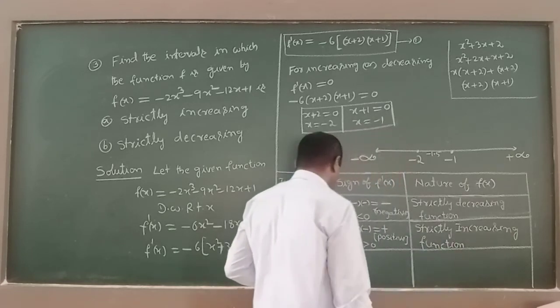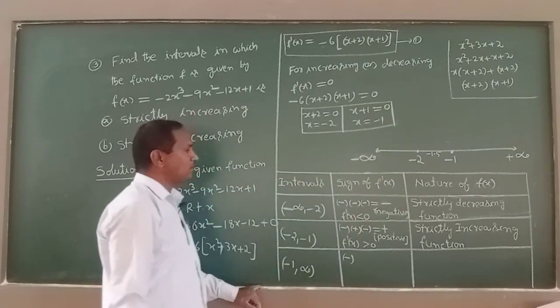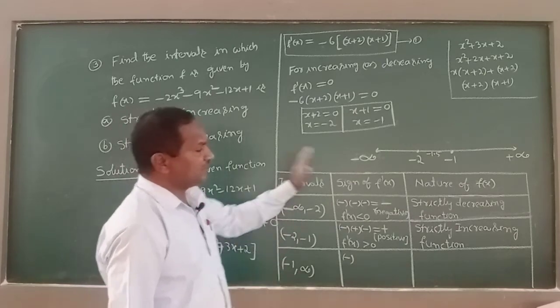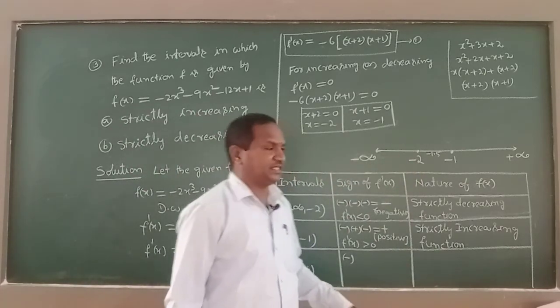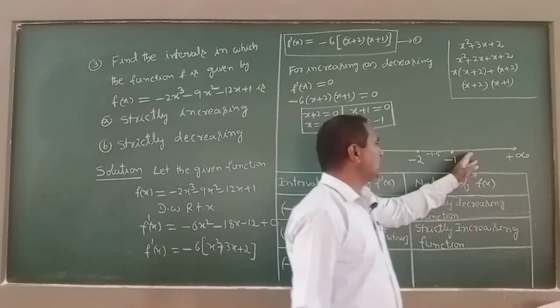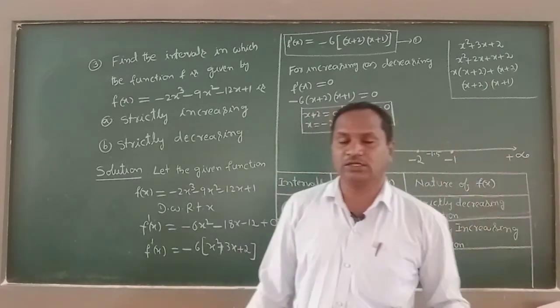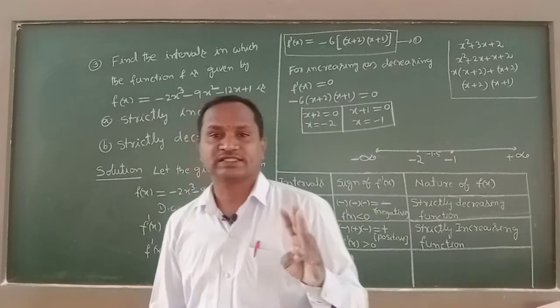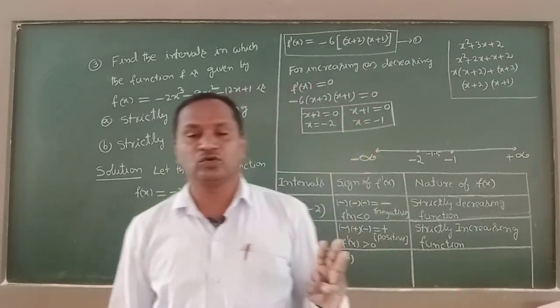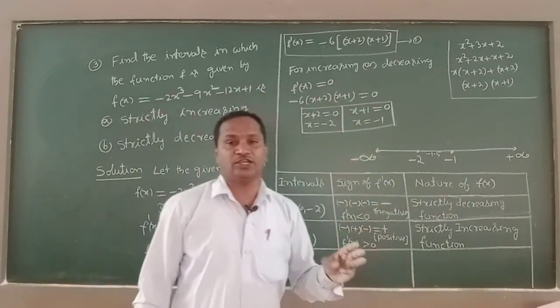Next one is minus 1 comma infinity. After minus 1 and before plus infinity, generally numbers 0, 1, 2, 3, 4 will come. After minus 1, you can select 0, 1, 2, or 3 as your wish.